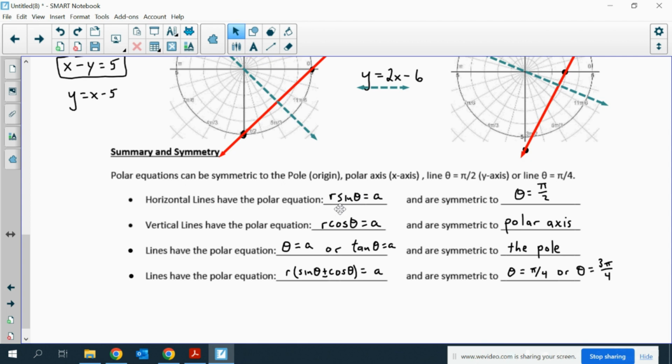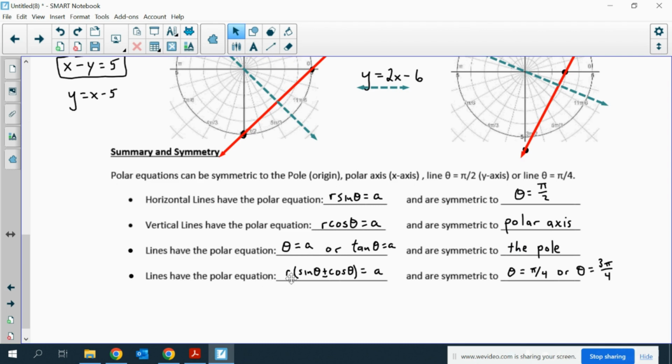Horizontal lines have the polar equation r sine theta equals a number, and they're symmetric to the y-axis, theta equals pi halves. Vertical lines are symmetric to the x-axis, the polar axis, and there r cosine theta equals a number. Lines that have theta equals some sort of radian angle or tangent theta equals some sort of number are symmetric to the pole.